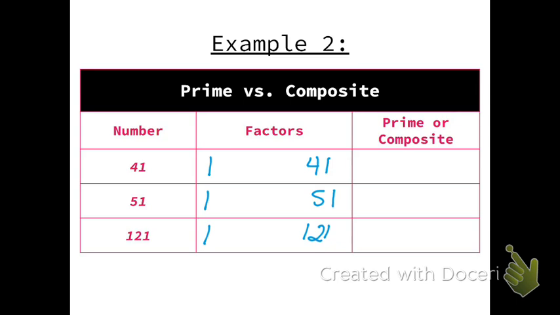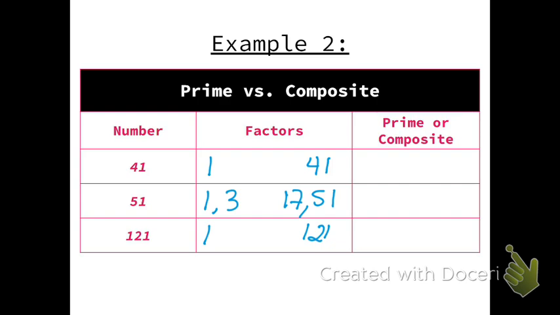For 51, 5 plus 1 is 6, and 6 is divisible by 3, so 51 is divisible by 3. On my calculator, 51 divided by 3 gives 17. For 121, 2 plus 1 plus 1 is 4, which is not divisible by 3, so 3 is not going to work there.